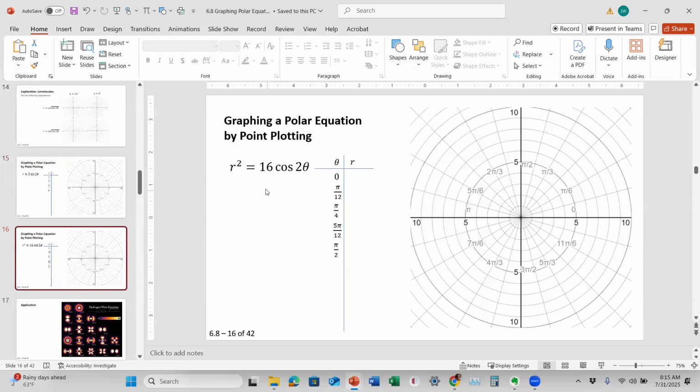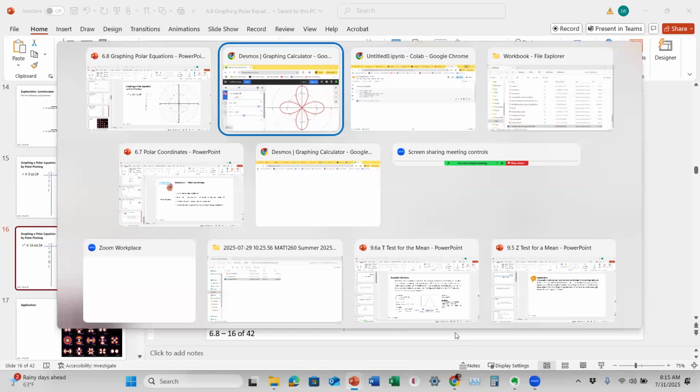So same idea here. Ooh, but this is r squared. Let's see what this looks like here. Let's take a look at what r equals 16 cosine 2 theta looks like, and then let's see what r squared of that looks like.